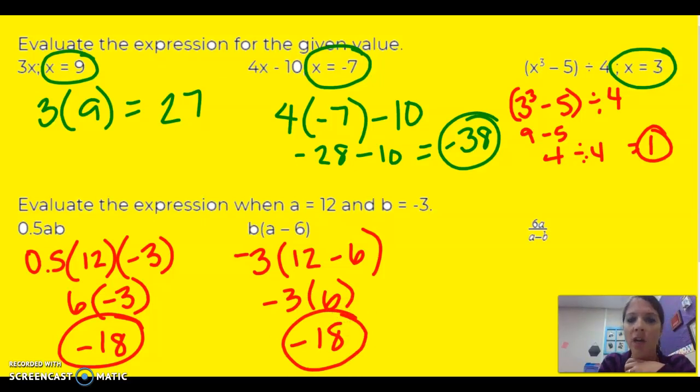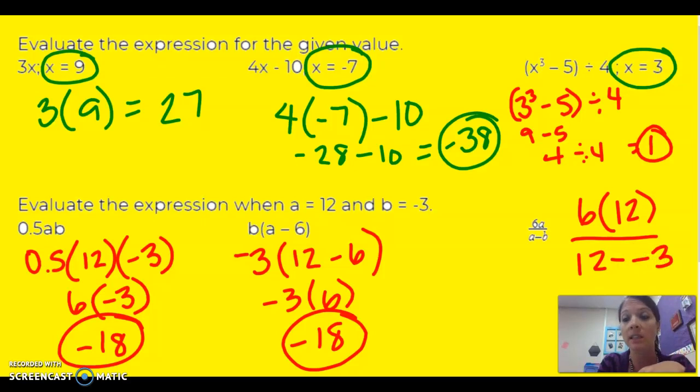Okay, and then we're going to move on to 6 times 12 on the top. And it's going to be a, which is 12. Ooh, this one's tricky. Minus a negative 3. So be careful with this. 6 times 12 is 72. And then on the bottom, we're actually going to tick that. So then that's going to be 15. Okay, so this isn't going to work out evenly.